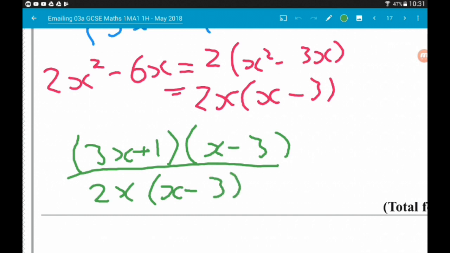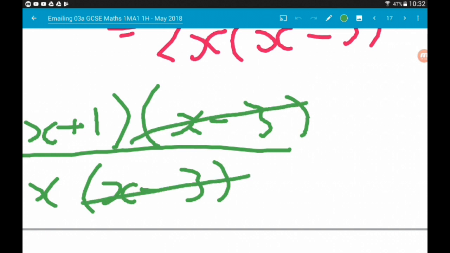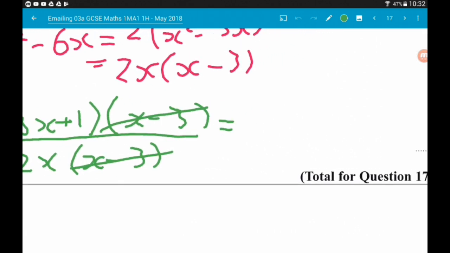Now the whole point of factorising the top and the bottom is to see if there are common factors. So here there's a common factor of x minus 3 top and bottom. So they cancel each other out, which leaves us with 3x plus 1 all over 2x. Nothing else we can do there. That's a fine answer.